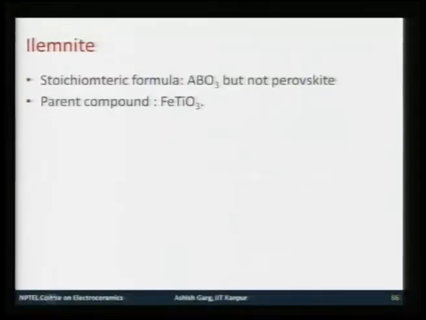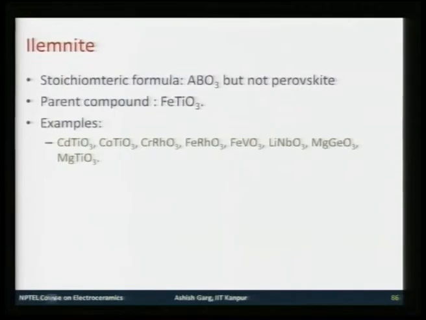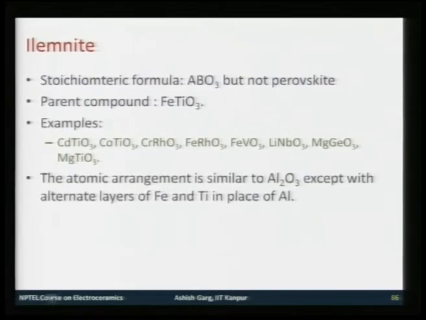Now, the common or parent compound for this structure is FeTiO3, iron titanate. Other examples are cadmium titanate, cobalt titanate and many other materials which follow this structure. However, iron titanate is the most commonly known compound for this structure.